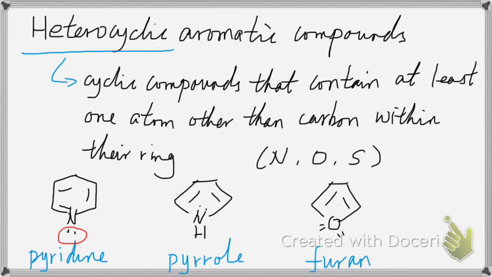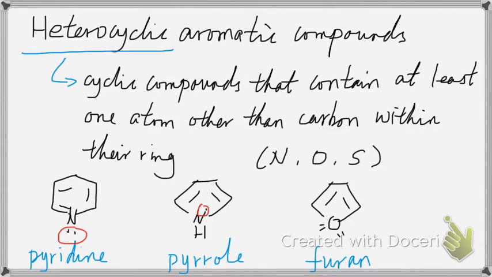For pyrrole, we only have 2 pi bonds. That's 4 electrons. So pyrrole will need 2 more electrons in order to be aromatic. Where are those 2 electrons? From the nitrogen. Okay, so when these electrons on the nitrogen are needed for aromaticity, they will be part of it. So here is the difference between pyridine and pyrrole.